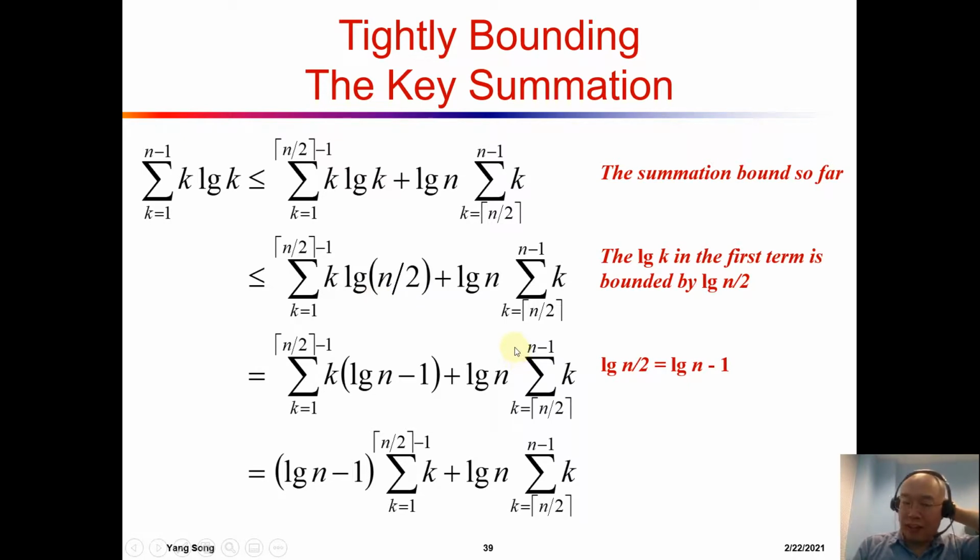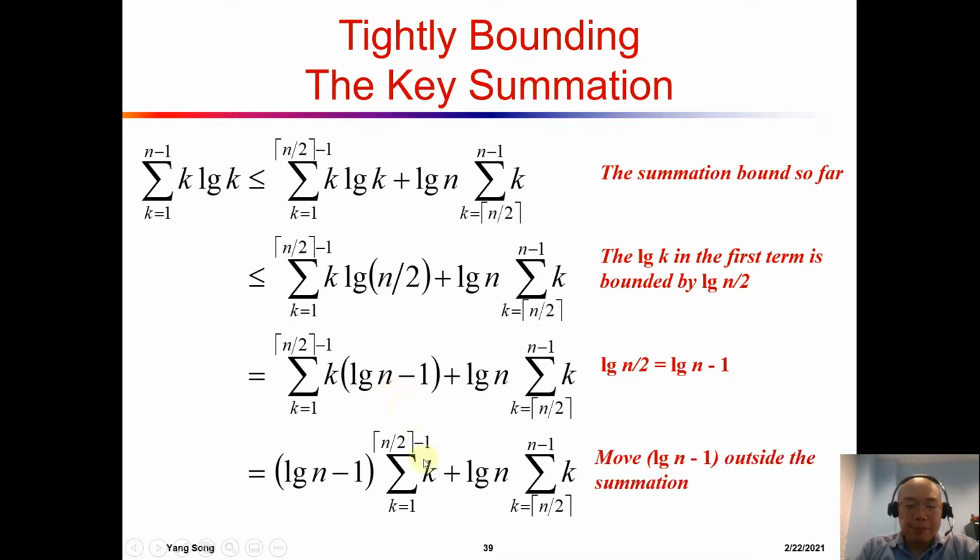Since we get rid of the k value, we can do log n divided by 2 equals log n minus 1. So let's substitute log n divided by 2 with log n minus 1, and then move the log n minus 1 outside of this summation.